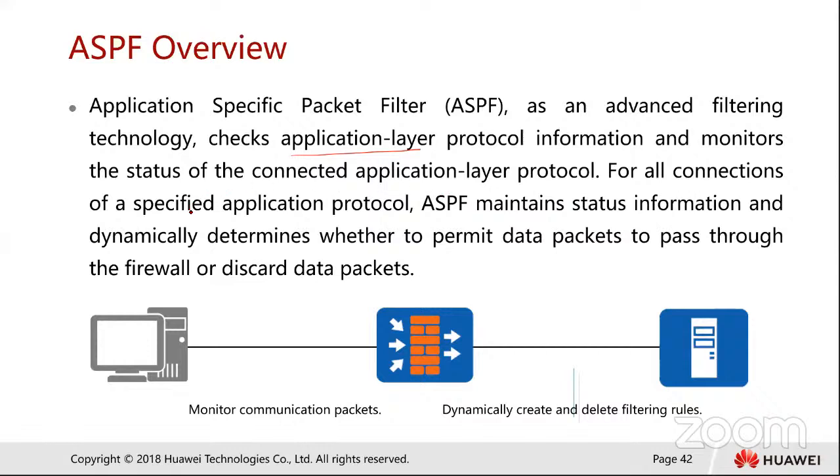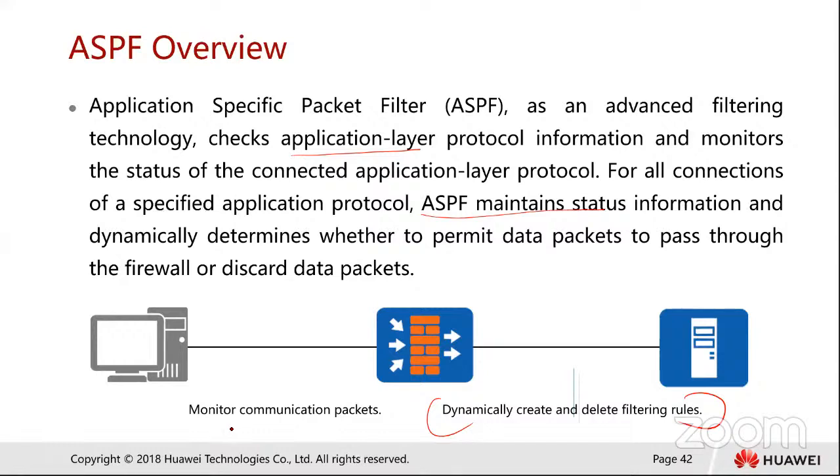For all connections of a specified application protocol, the ASPF maintains status information and dynamically determines whether to permit data packets to pass through the firewall or discard them. So it dynamically creates and deletes filtering rules based on what is available. And this is what we are calling the ASPF.